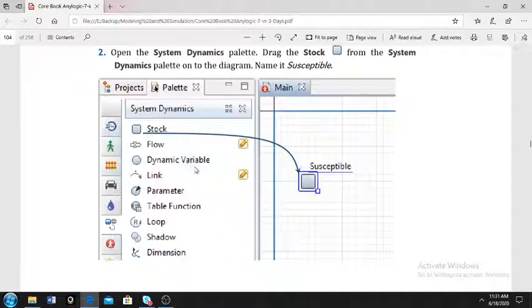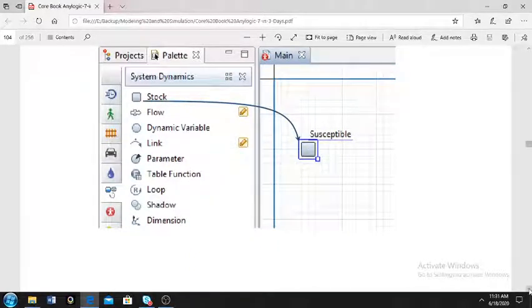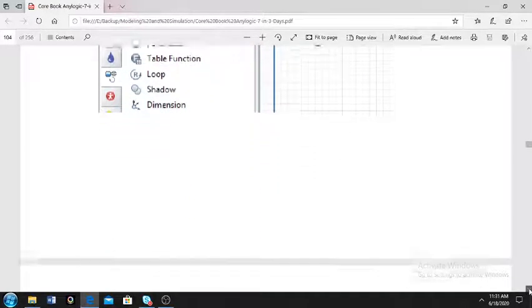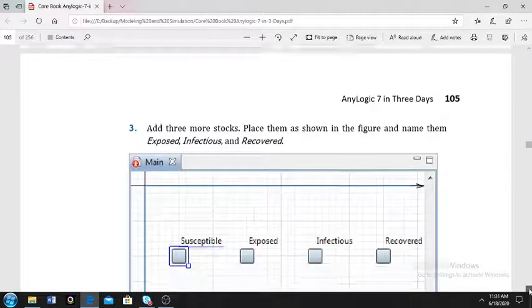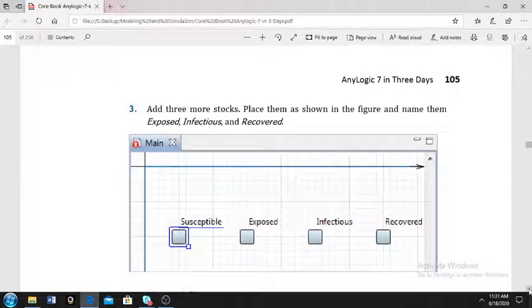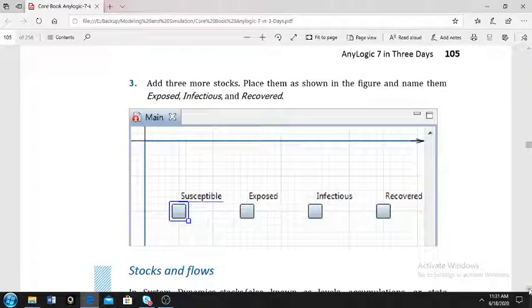Here we have dynamic variable auxiliaries. These are auxiliaries, and these are also auxiliaries, but they are kind of constant. Good. Now the book takes you through. We have our four stocks here.